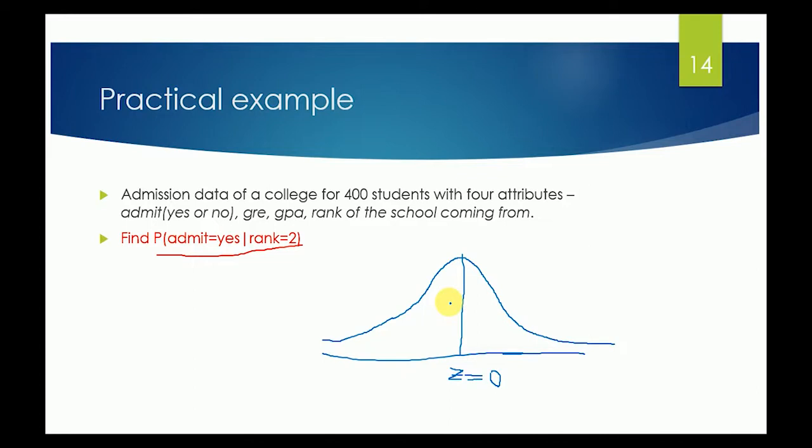It is for a standard normal distribution. Z equal to 0 is the mean, and 1 is the standard deviation or variance. Now, any normal distribution which is not a standard normal distribution can be converted into a standard normal distribution by using the formula Z is equal to x minus mu by sigma.